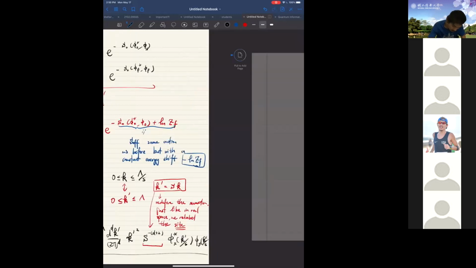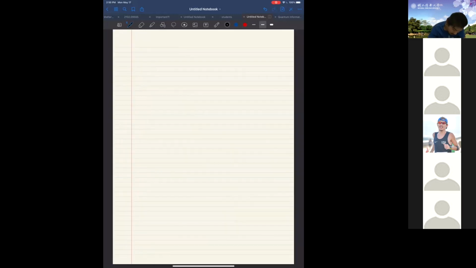To make everything the same as before, we need to redefine our field, the slow mode field, by s. So let's redefine the field labeled by k prime, where we can absorb the square root of the original d plus 2 factor in each of the original terms.